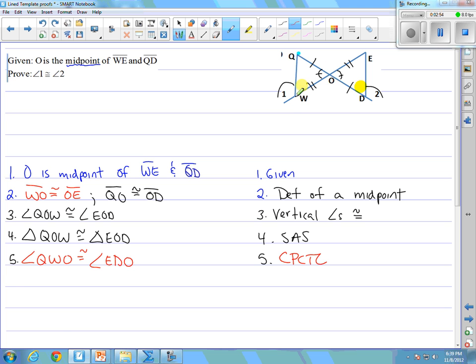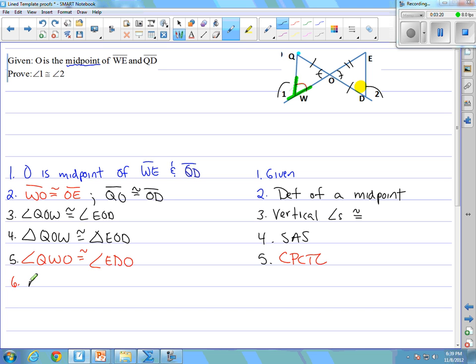Since I know those congruent, I want to see if I can show that angle 1 and angle 2 are congruent. Looking at angle QWO, put in red here, and angle 1, what do I know about those two? They form a straight line, so those two angles should add to 180.